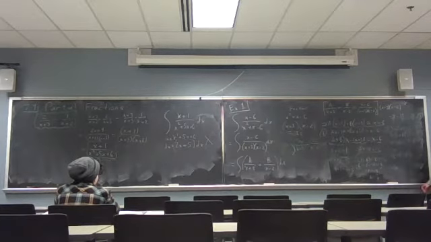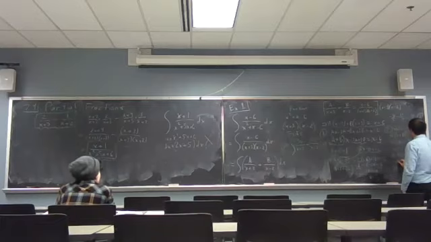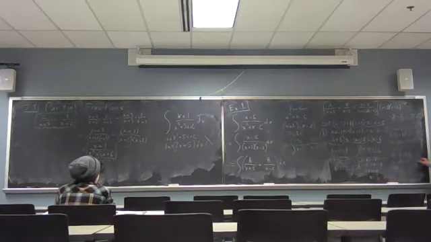Equals, what is negative 3 minus 6? So we get negative 5a equals negative 9. So what is a? 9/5. So that is our answer.